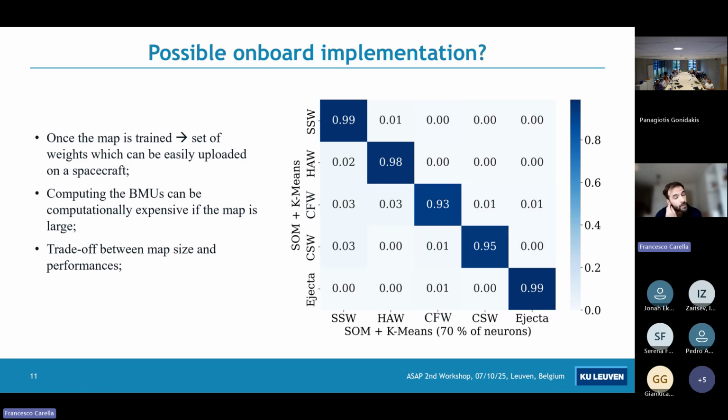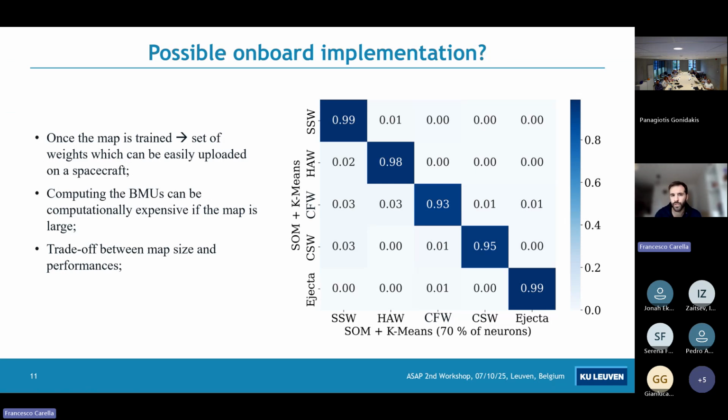This is an example that I had, also in this paper, where I compared the results of the full map with a map of 70% of the neurons. Basically, it's a full map and a lesser-neuron map. And as you can see, the results are not changing that much.